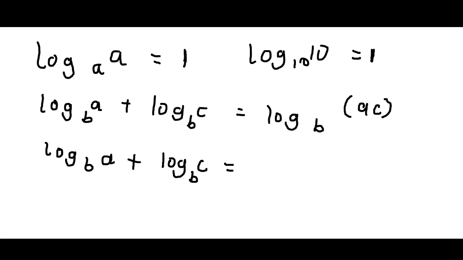This should be subtraction. It means that we will have log base b of a over c. So what we see from these two laws is that multiplication implies that we add the logarithms, and division implies that we subtract the logarithms.